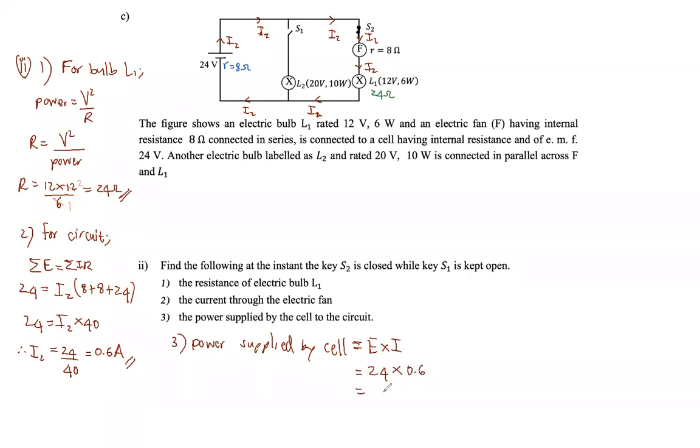So 24 multiplied by 0.6 is 14.4 watt. 24 into 6 is 144, but it is 0.6, so we have to make it 14.4. That's it. You will have to draw a separate diagram and do the question. We can forget about the middle part. You have to focus only on the path through which the current is flowing. Done. That is part 2.